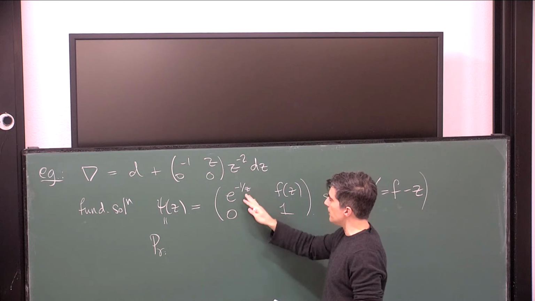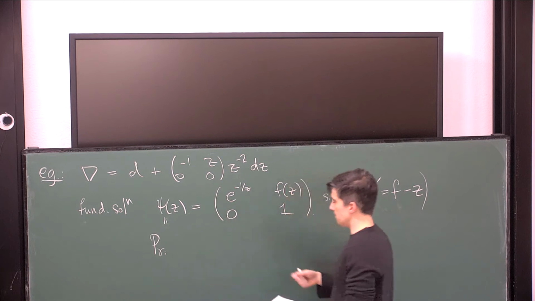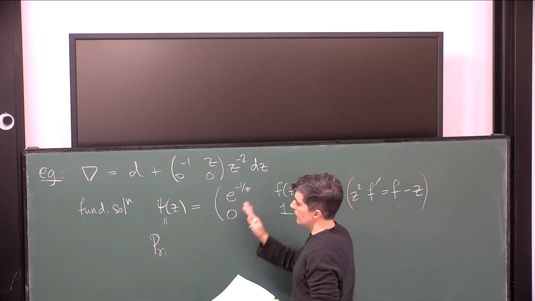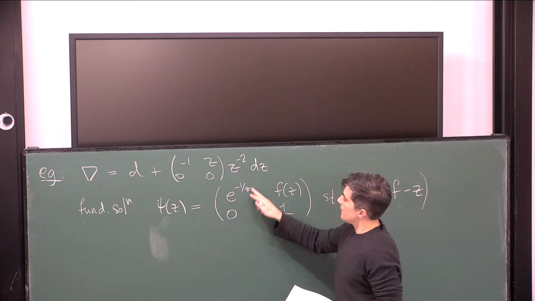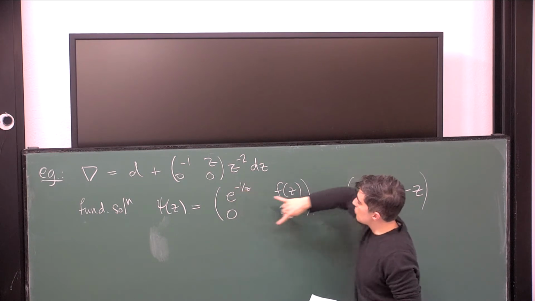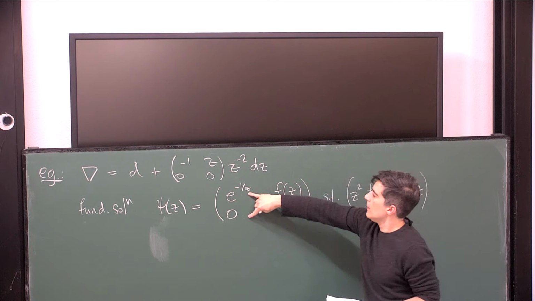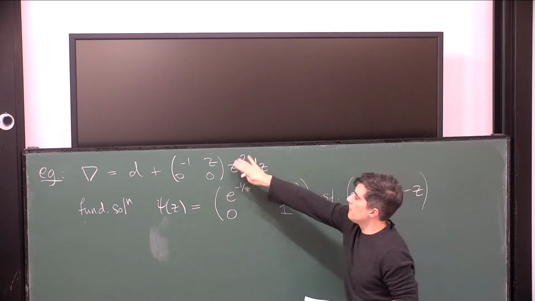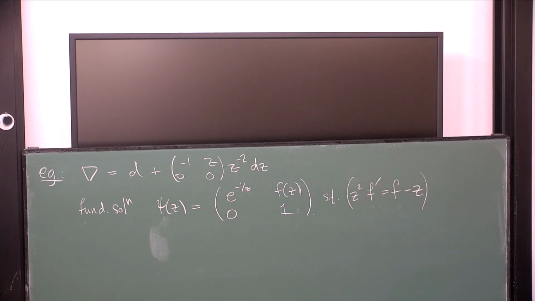Well, I would need this matrix to be the identity at the initial point. But let me just say that both of these two columns are clearly linearly independent, and they each solve this equation. So this is what you would normally call a fundamental solution to the system of equations.